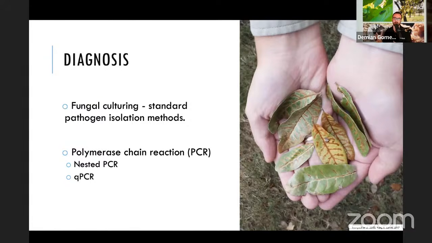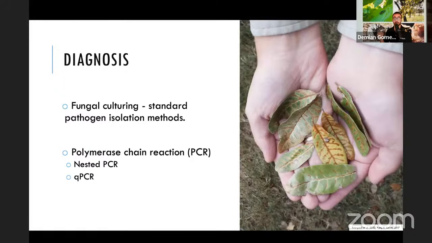And a quick note also: there are other tools that can be used for diagnosis. Lately, molecular tools based on PCR have been widely used for many different pathogens and insects as well. Nested PCR or qPCR, which you might have heard of, can be very useful tools to detect oak wilt.